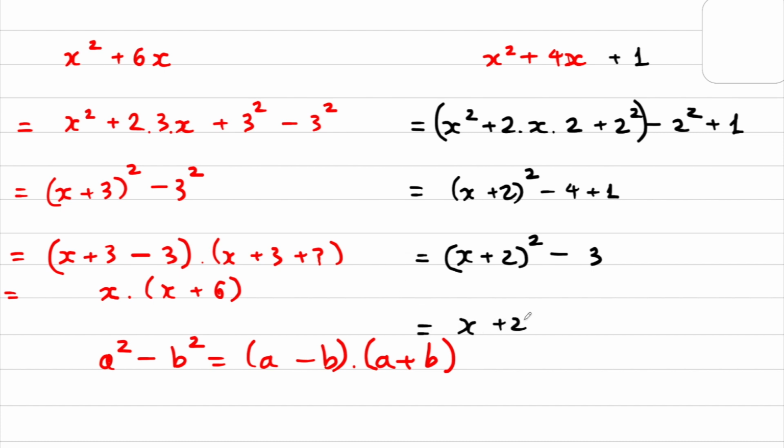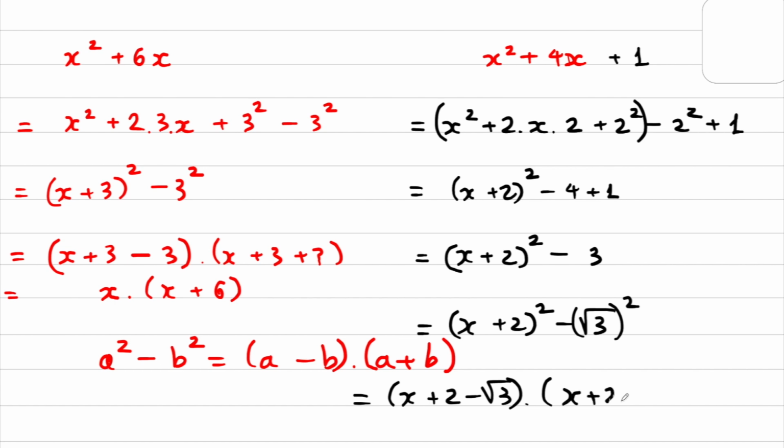Because we don't yet have the difference of squares form, I have to convert 3 to the square root of 3, squared. So you will get (x plus 2 minus square root 3) multiplied by (x plus 2 plus square root 3).